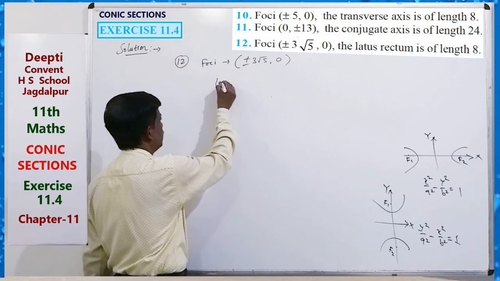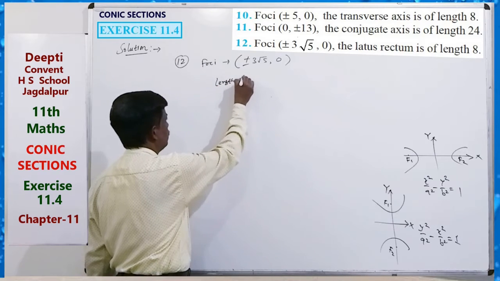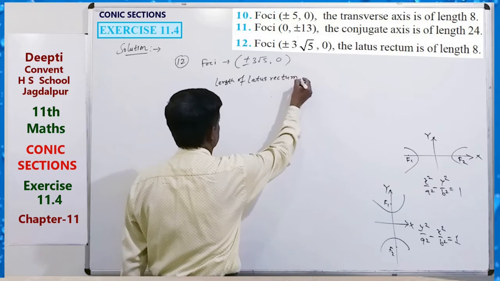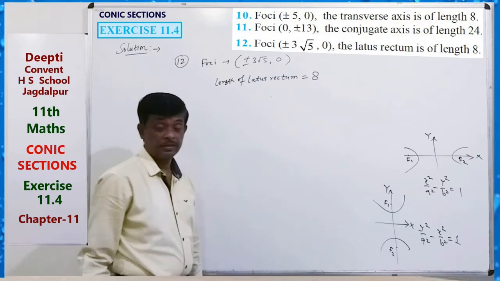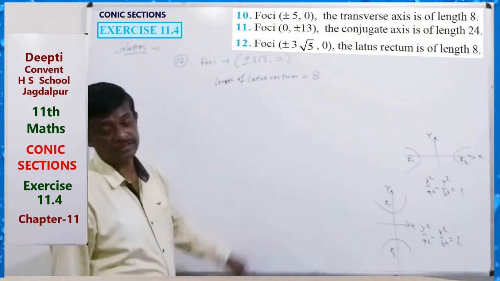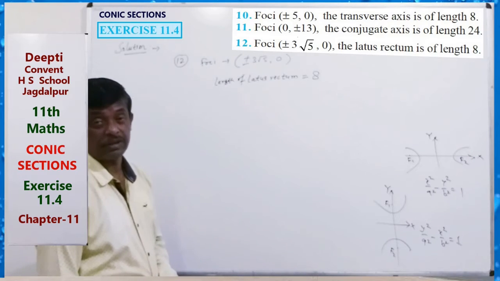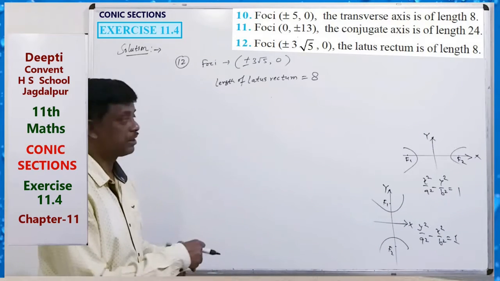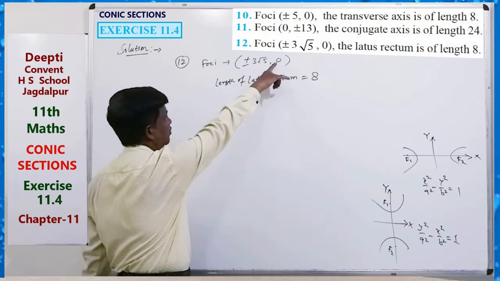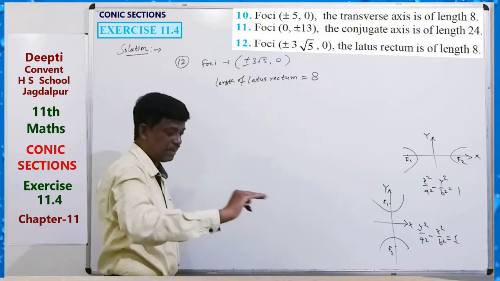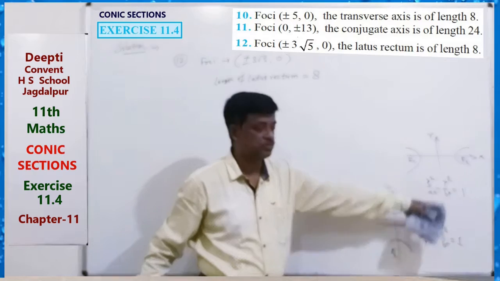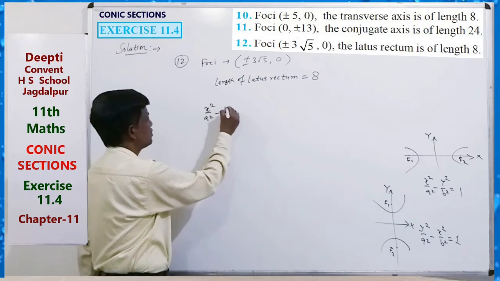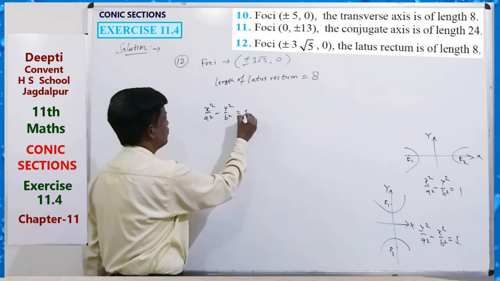Length of latus rectum equals 8. Foci lie on the x-axis. It is clear, the y coordinate is 0 on the x-axis, that is this format. So we can write the format x square by a square minus y square by b square equals 1.